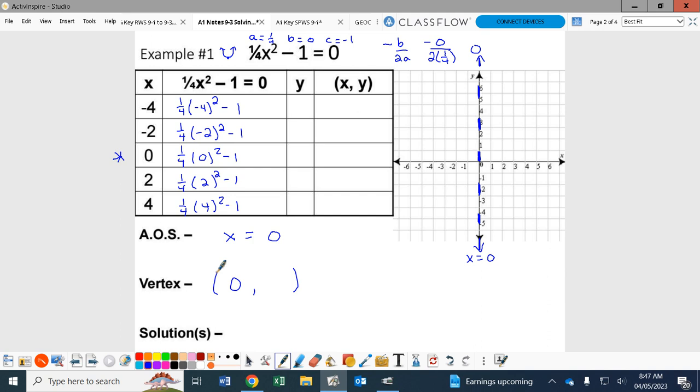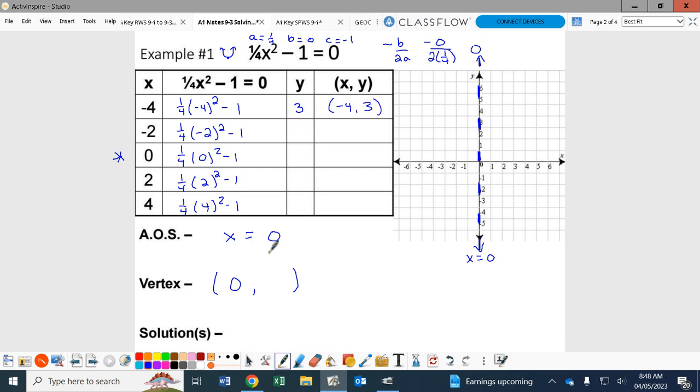So you're going to type 1 fraction 4, times, you need to put a times sign in there, parentheses, -4, parentheses, squared, minus 1, equals. It should give you 16 over 4, minus 1. Is it 3? There we go. So -4, 3. That's our first point.